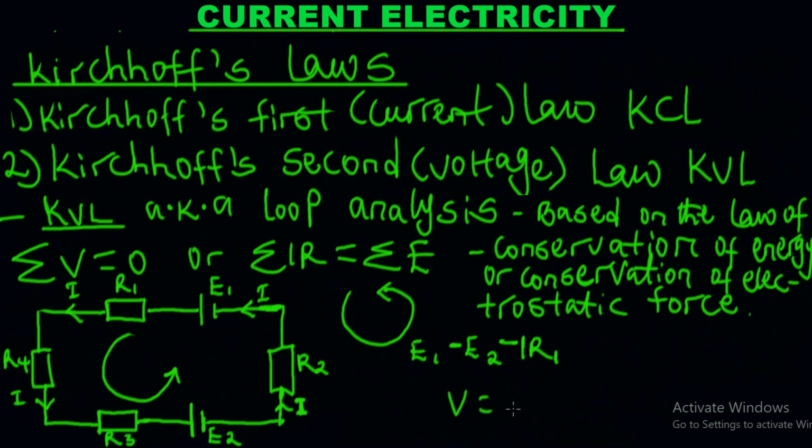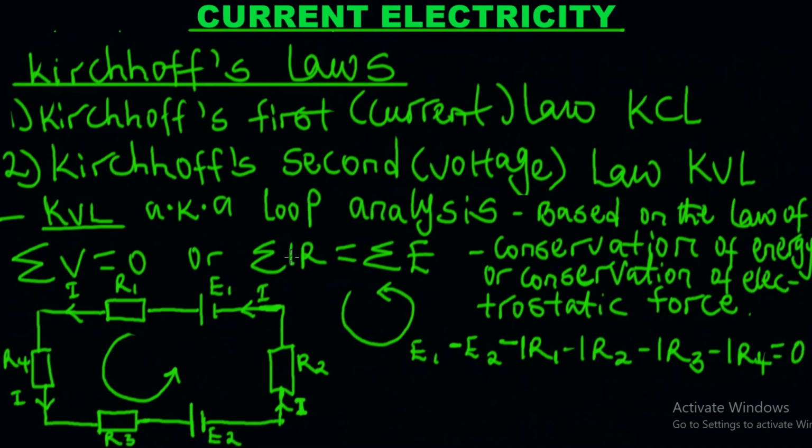Voltage is IR, so we're dealing with voltage drops. Good. For the second resistor, we also have minus IR2, minus IR3, and then for the fourth resistor minus IR4, equal to 0, because the sum of all the voltages will give you 0. Do you get it now?